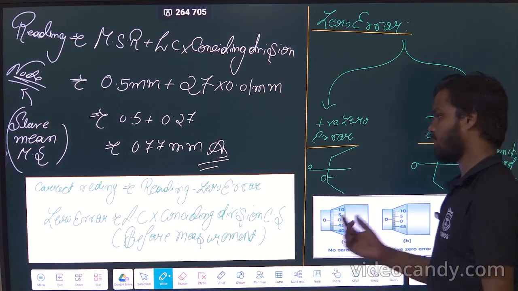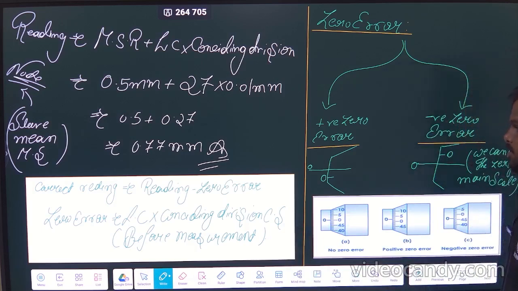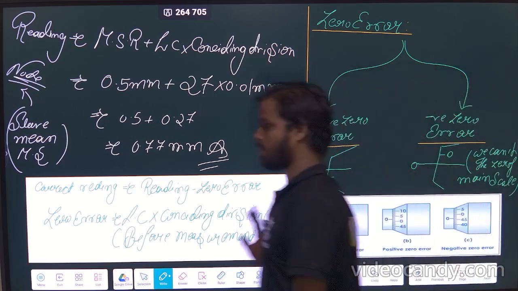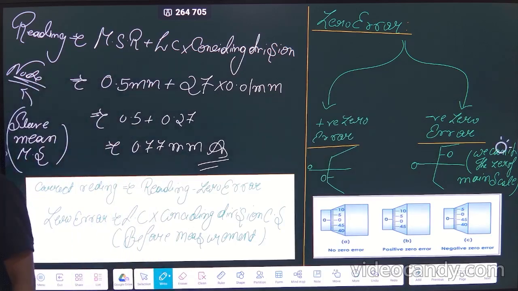There is very little chance that any question can come on zero error of screw gauge. Mostly they ask about the vernier caliper, but if it comes, you can simply solve it. This is the steps you have to follow. Clear? If anyone has a doubt, please ask me, otherwise I will move forward.